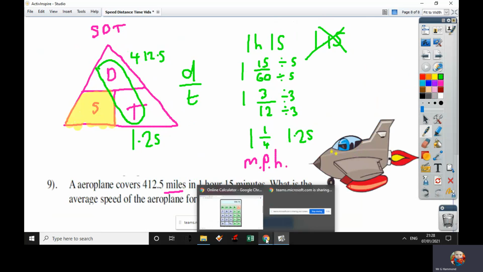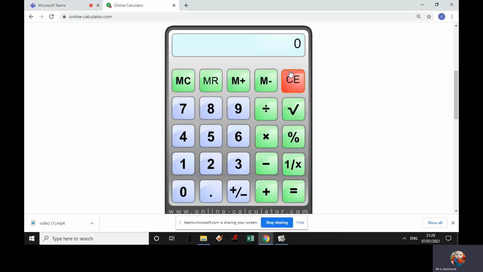So let's go back to the calculator. 412.5 divided by 1.25. And my answer is 330.